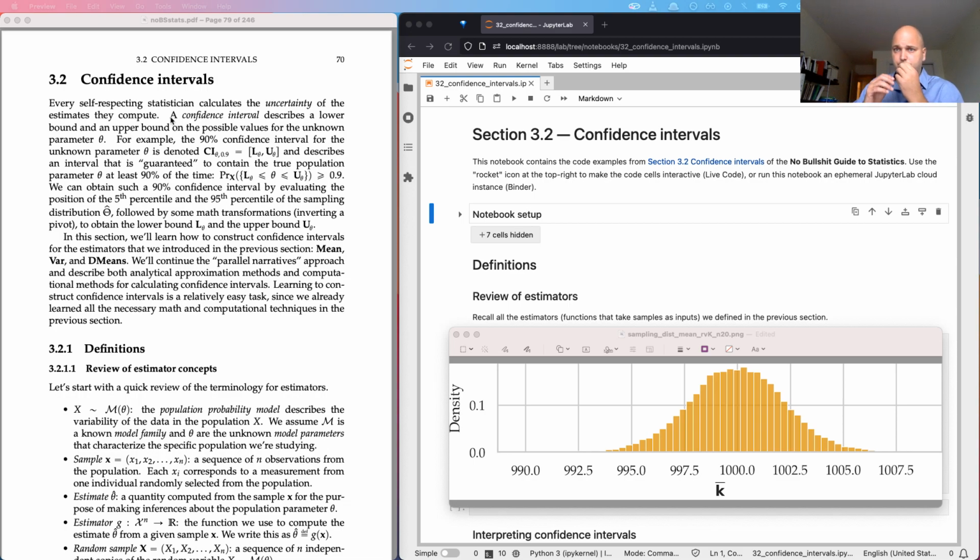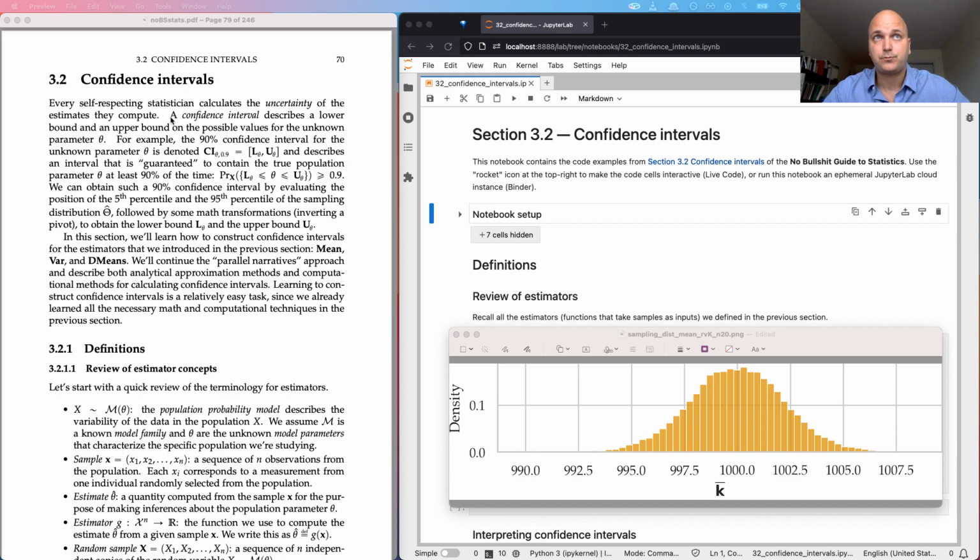So the big picture is that when you report an estimate in a statistical analysis, you will want to estimate some number, like the mean of a population. And it's not enough just to say one number. Say, oh, I think the mean is here. The right thing to do is to say, well, I think it's here, but it could be anywhere between here and here.